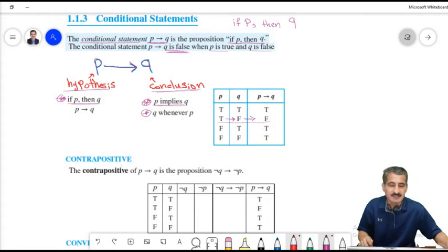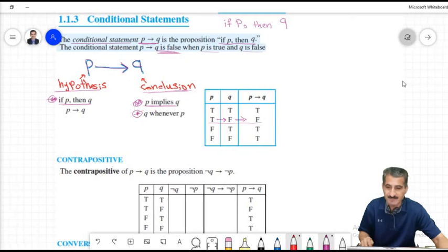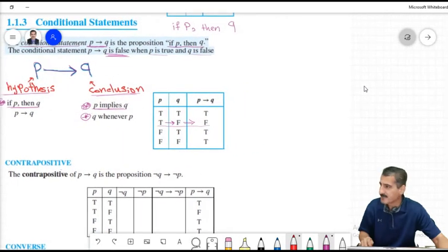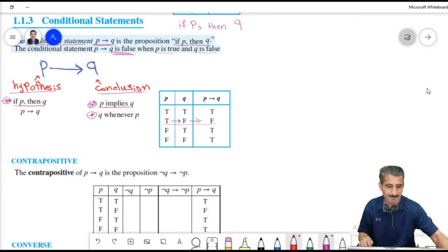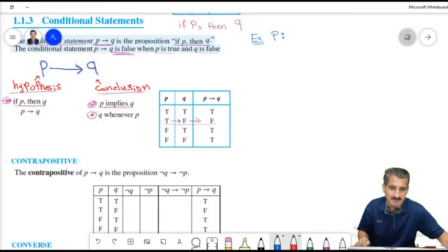Let us see some examples to make us understand this clearly. Example. Let us use P: the sky is raining. Okay? Q: the sky is cloudy.